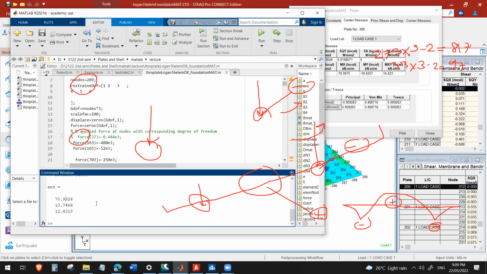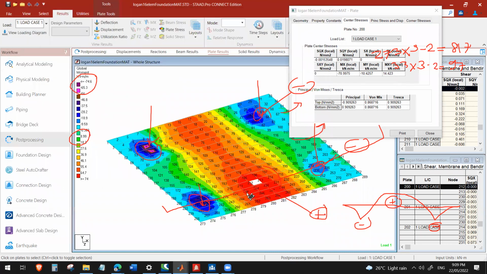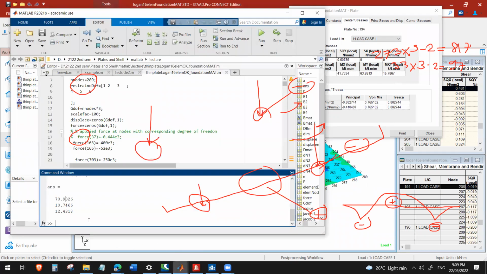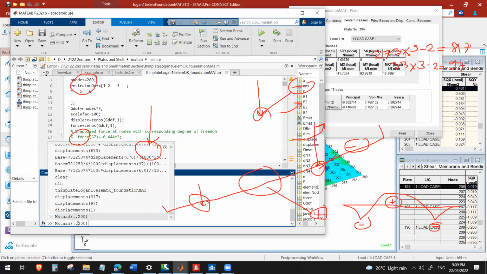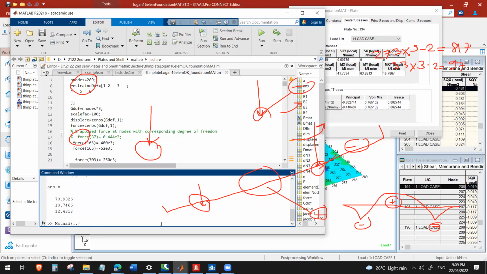Okay, so how about on the negative moment side? Let's double click here. Plate 194. STAAD gets 41 and 63.